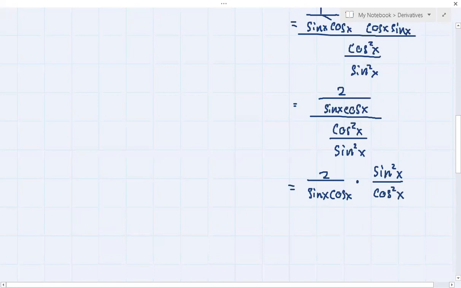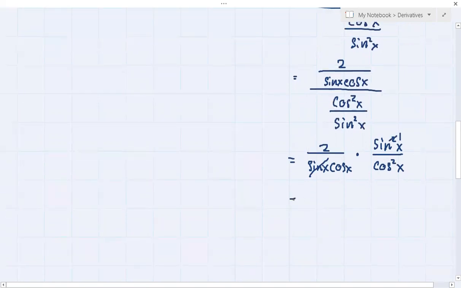Ganyan mangyayari yan. Okay? So, let's simplify. So, sa baba, matatanggal si sin x. Tapos, sa taas ng sin x, mababawasan lang yan ng isang exponent. Okay? Then, ito, ang resulta niya magiging 2 all over cosine x times sin x all over cosine squared x.